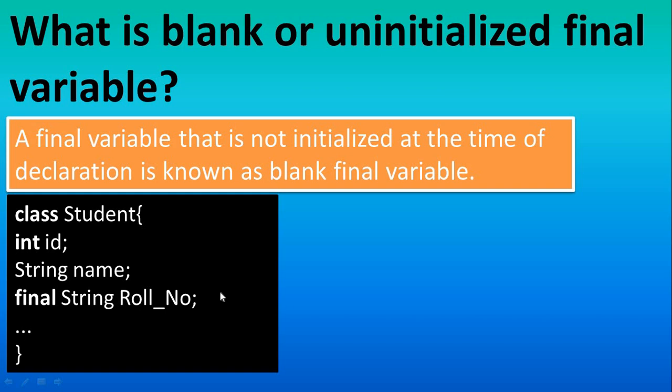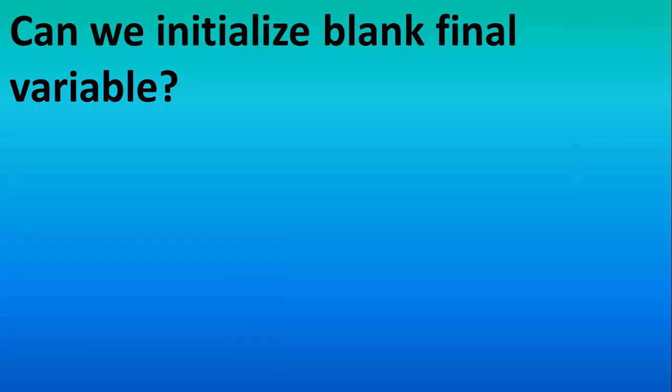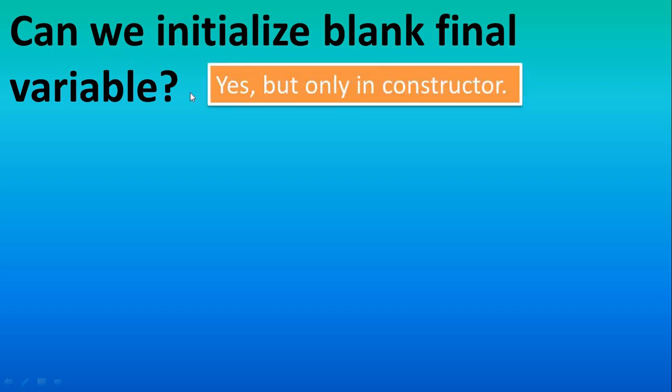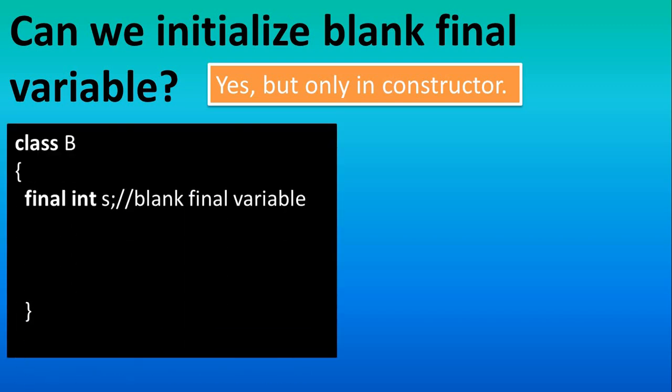Then what we can do for giving the value, that we also discuss. So here the question is, can we initialize the blank final variable? The answer is yes, but only in constructor. Suppose you have the class with the blank final variable, then you can give values, but by using the constructor only.